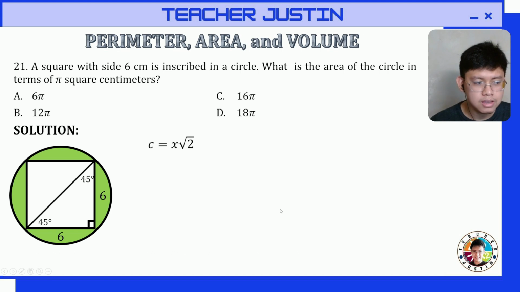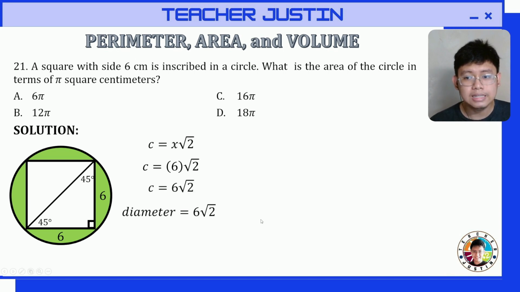And that will be the formula C is equal to x square root of 2, where C is the hypotenuse of our special right triangle and x will be the leg of our special right triangle. So, substitute lang natin yung value nung x natin, which is 6. So, C is equal to 6 square root of 2, and that will serve as our diameter. So, the diameter of our circle will be 6 square root of 2.